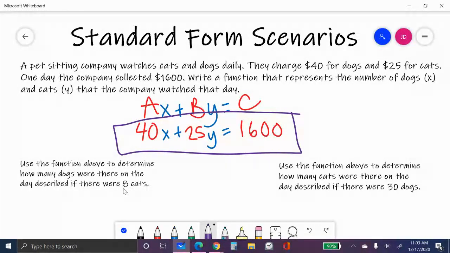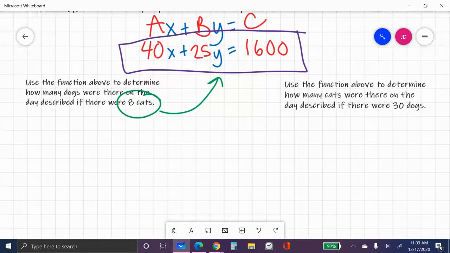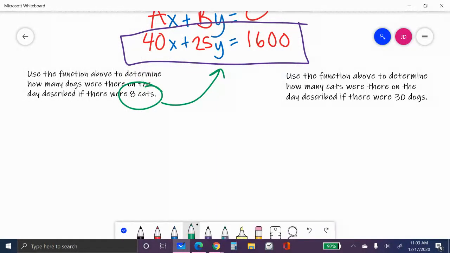So I have to plug this into my Y and solve for X. So we have 40x plus 25 times 8 equals 1,600.